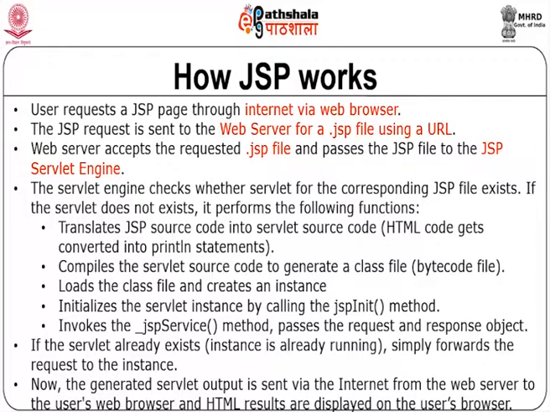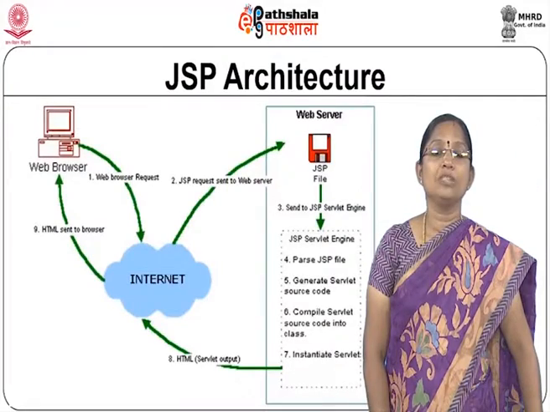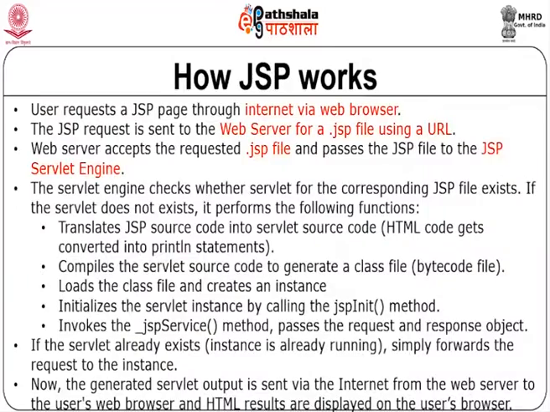Then it loads the class file and creates an instance. If we go through the last one, instantiating a servlet takes place by initializing the servlet instance by calling the JSP init method. After initialization, it invokes the appropriate JSP service method and passes the request and response objects.